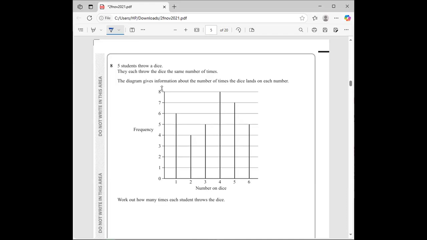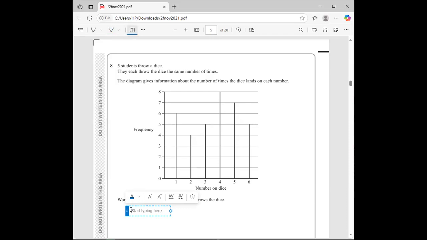Okay, so what do you think we will do here to get how many times each student throws the dice? We'll simply add the frequency, isn't it? Yeah. That's it. This question is very simple.